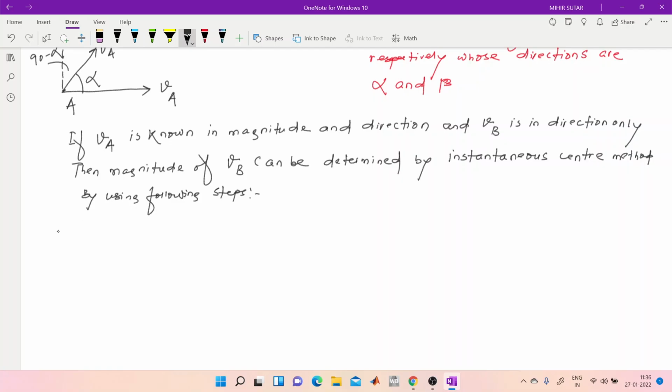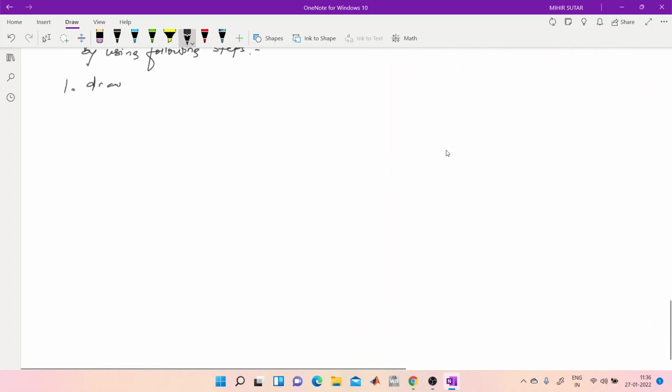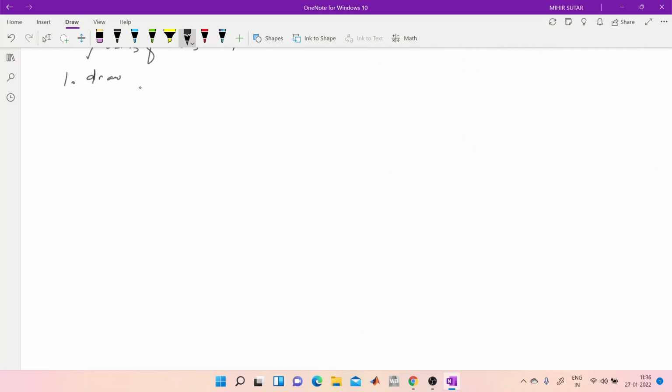Now, how to find? First step is draw AI and BI perpendicular to the direction of VA and VB respectively.